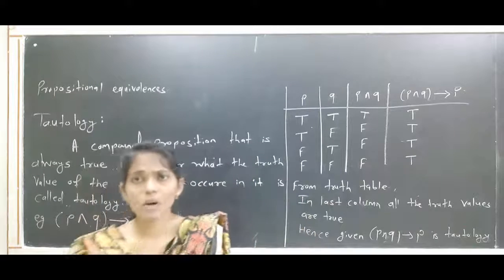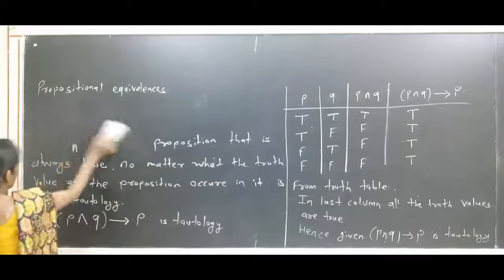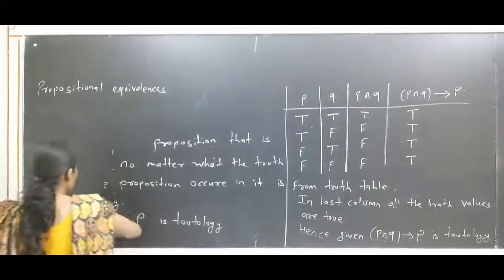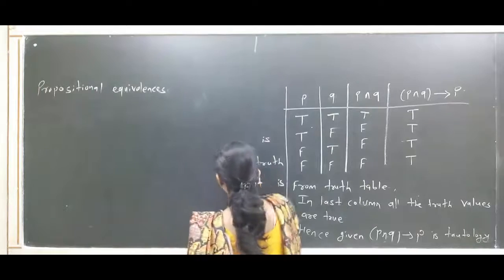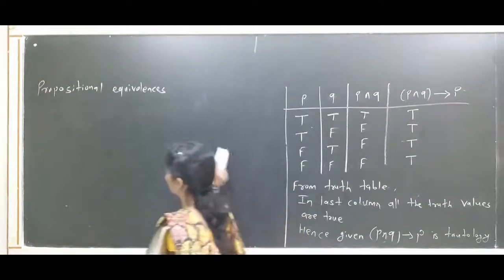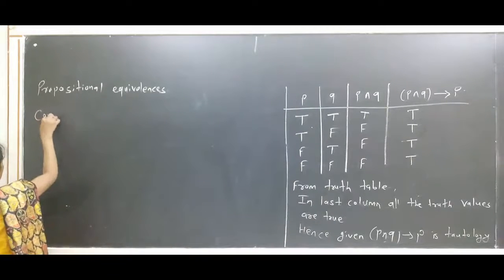So what is meant by contradiction? Here contradiction means a compound proposition that is always false. It's called a contradiction. So take the definition.